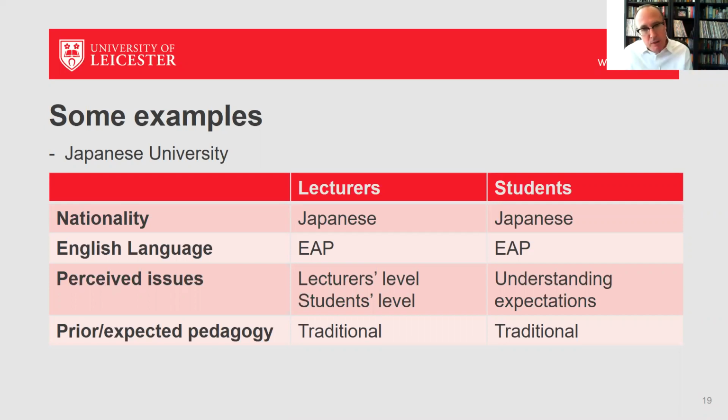That if we build it and we set up our EMI program, then eventually we will start attracting this international cohort of students. But for the time being, while they're building it, the lecturers are all Japanese, the students are all Japanese.